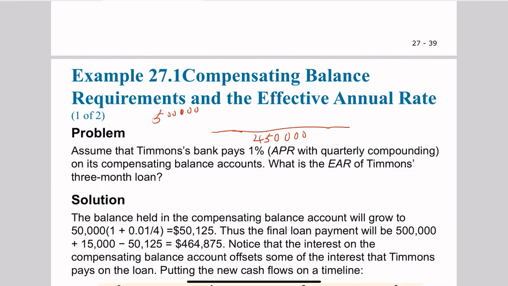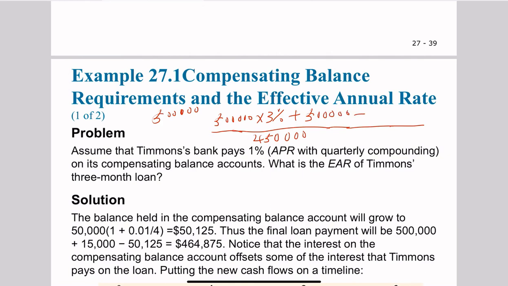And again, the firm needs to pay the interest based on this $500,000 times 3%. And after 3 months, the firm needs to pay back the principal. And here the firm has the compensating balance sitting in its account.